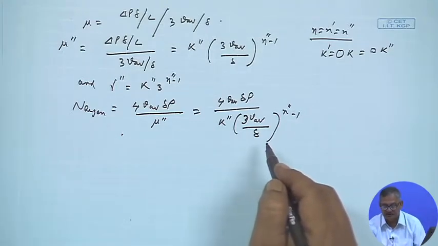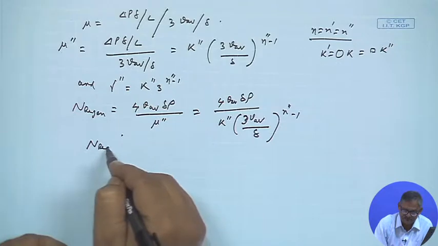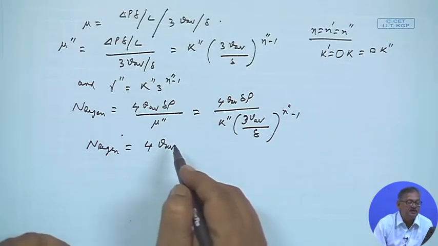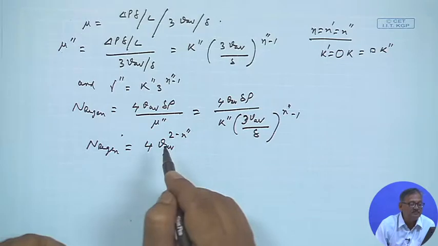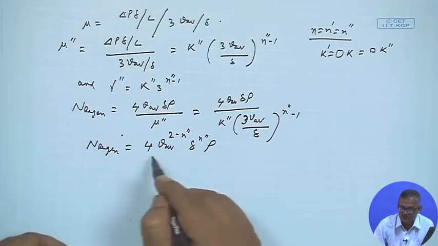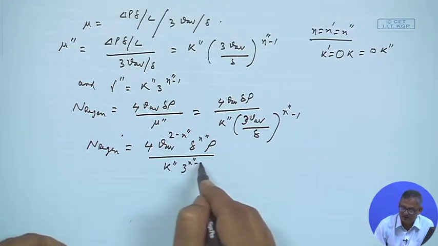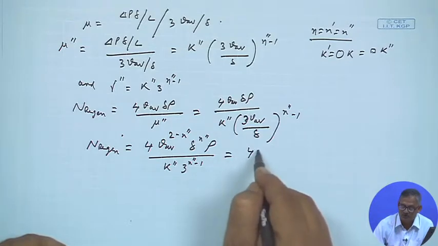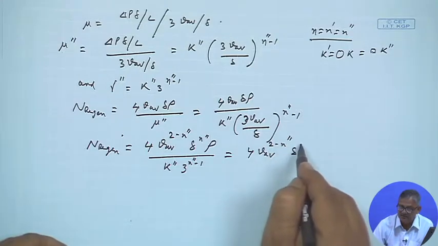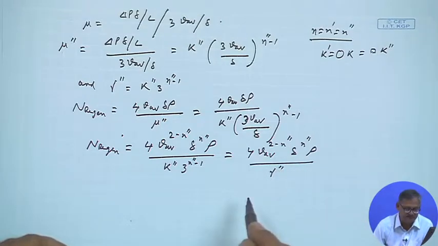So if this is true, then NRE general is equal to 4 V average to the power 2 minus n double prime del to the power n double prime rho by k double prime 3 to the power n double prime minus 1, that is equal to 4 V average to the power 2 minus n double prime del to the power n double prime rho divided by gamma double prime.